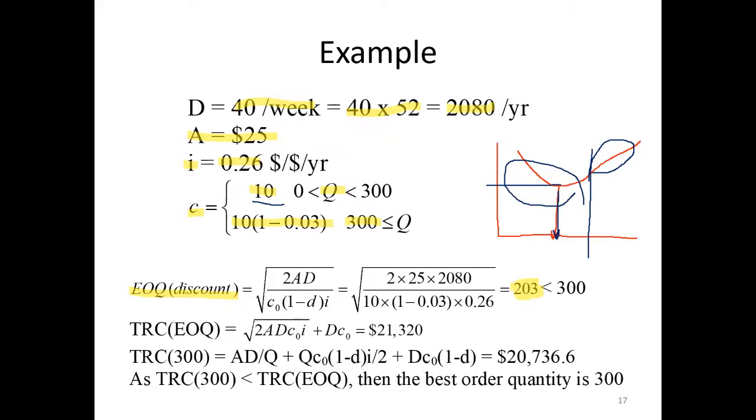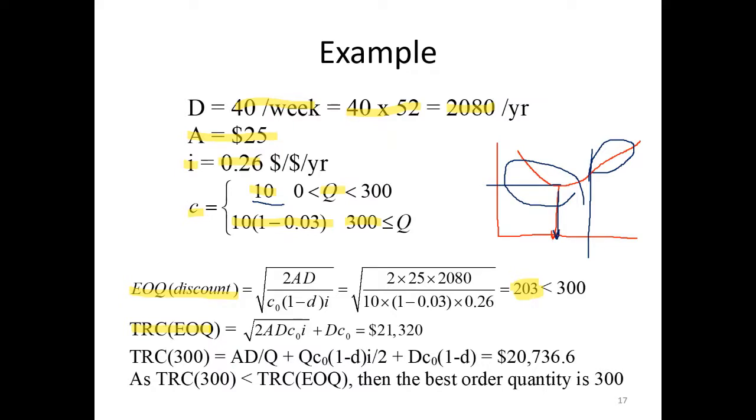Okay, so the calculations in this line are the total relevant cost if you decide to order the EOQ value when your order is going to be less than 300 units. Here I'm not calculating the value of the EOQ first and then substituting in the total relevant cost function.